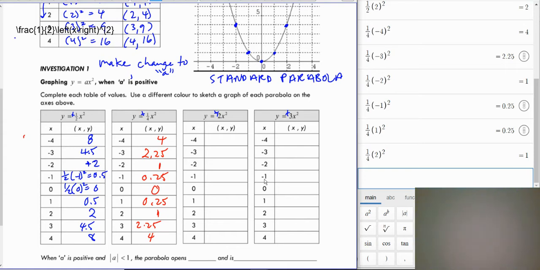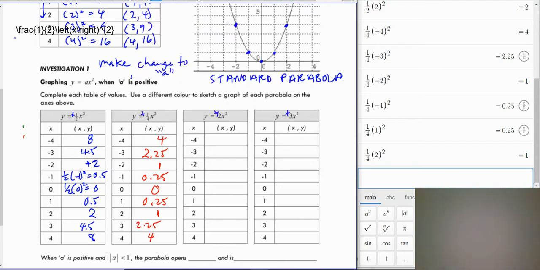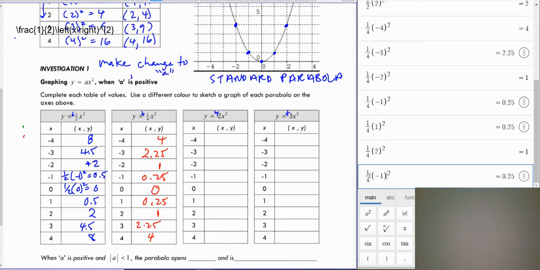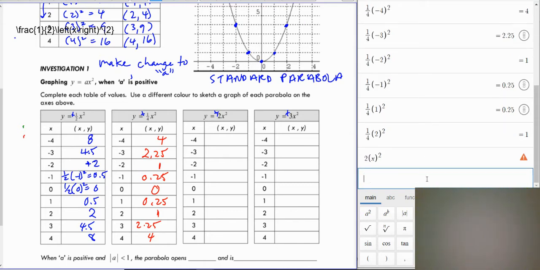We're going to change our color. Let's go with green. All right, so we're going to use the same template we've been using. Now this is now a 2. All right, so there's our template we can substitute into, and we'll copy that.